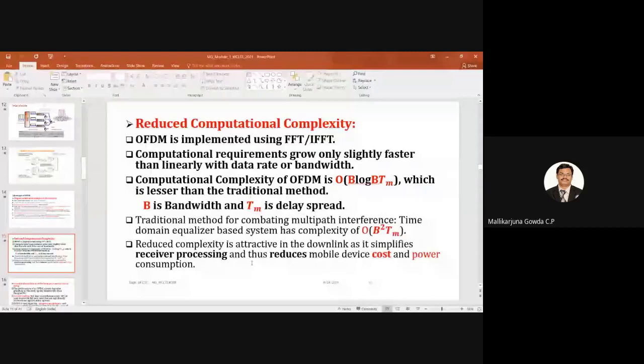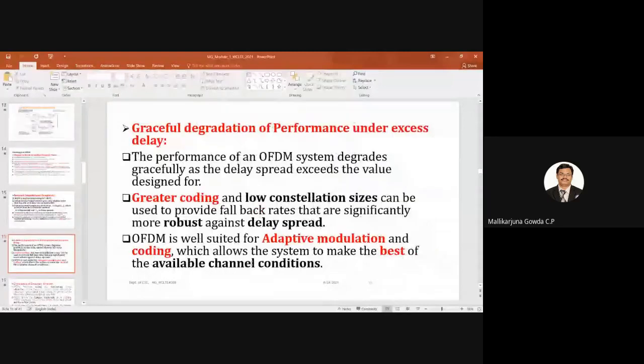The third advantage of OFDM is graceful degradation of performance under excess delay. It means the performance will degrade slowly when compared to any other technique. The performance of an OFDM system degrades slowly as the delay spread exceeds the value it is designed for.